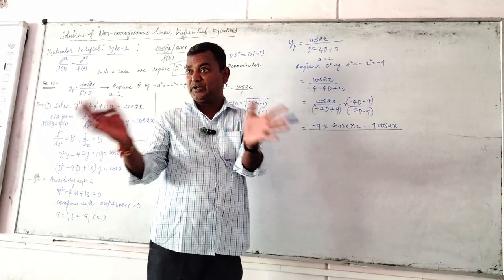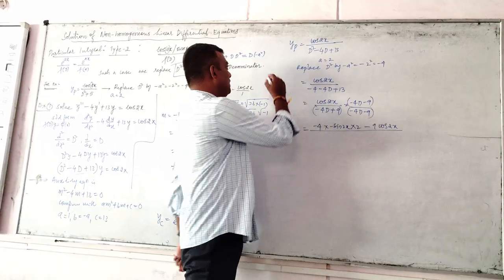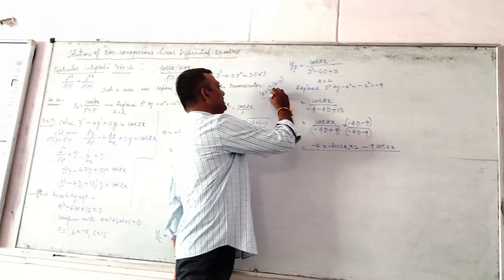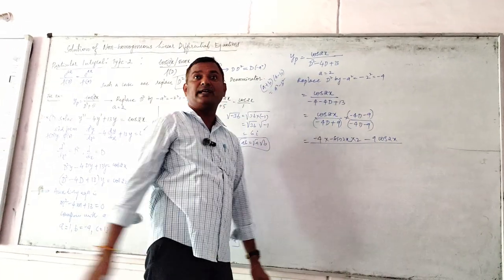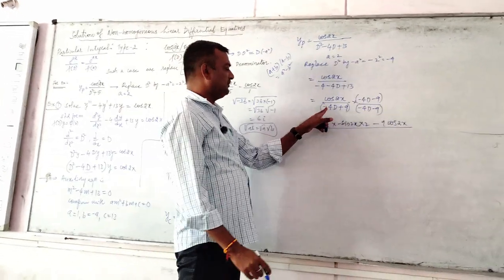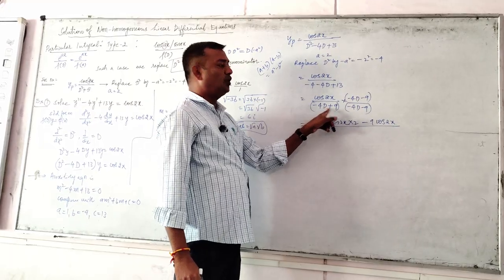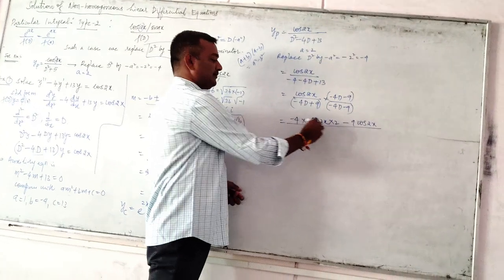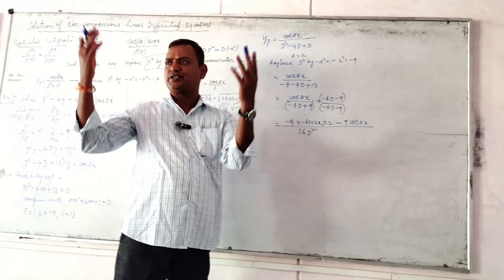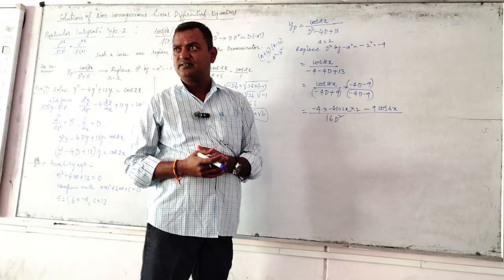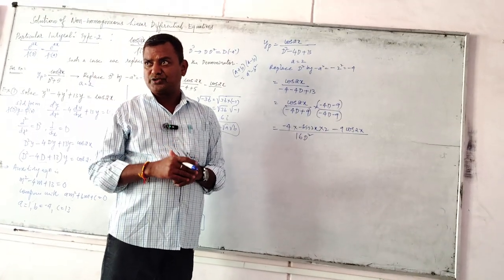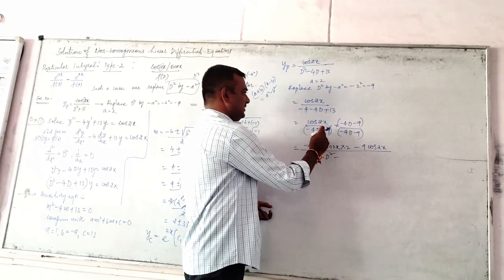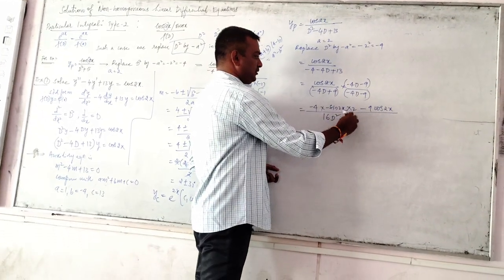So a plus b into a minus b, we have a formula, right? What is a plus b into a minus b? This is a square minus b square. So a square means 4d whole square, which is 16d square. 4 4s are 16 d square minus 9 9s are 81.